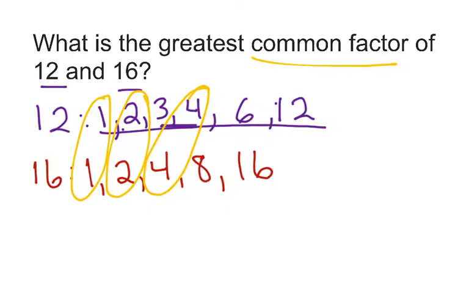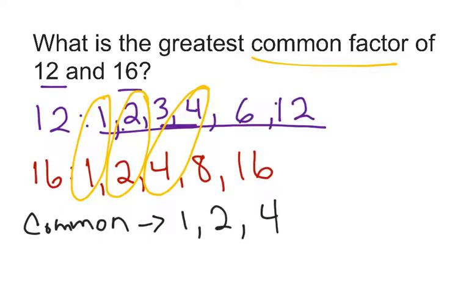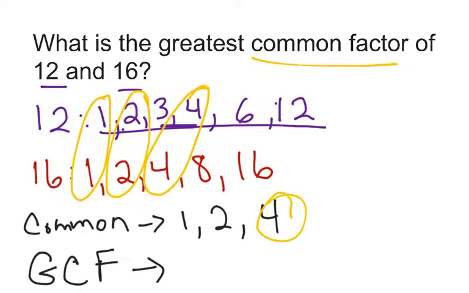So looking at these, we have 1, 2, and 4 are the common factors. So common factors, 1, 2, and 4. And then we just need to look at the greatest common factor, or the largest of those, and 4 is the largest. So the greatest common factor of 12 and 16 is 4.